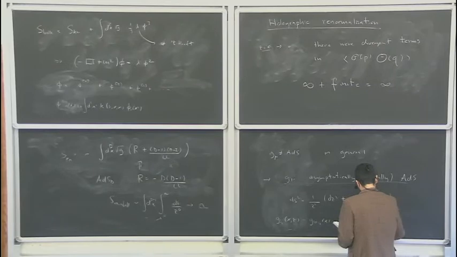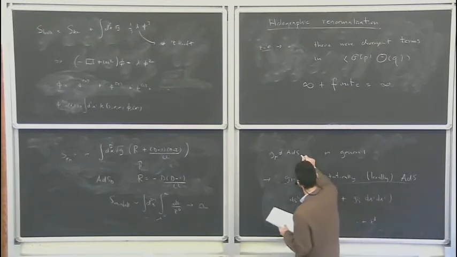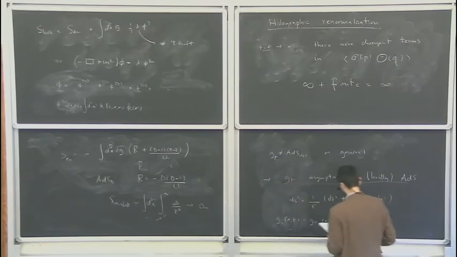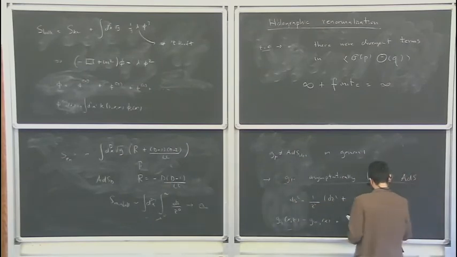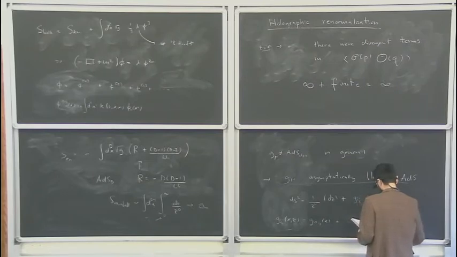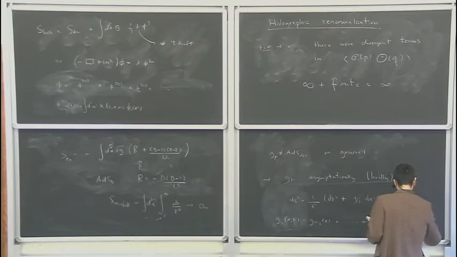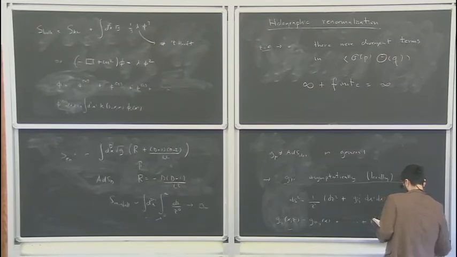And then there is a term that depends on the dimension. Here I'm considering ADS d plus 1. Then there is some g_d ij of x, and h_d ij of x, times log z squared, plus an expansion that continues.